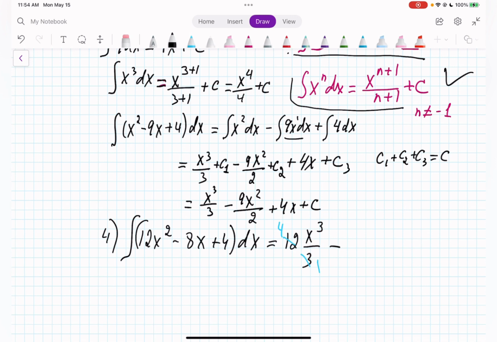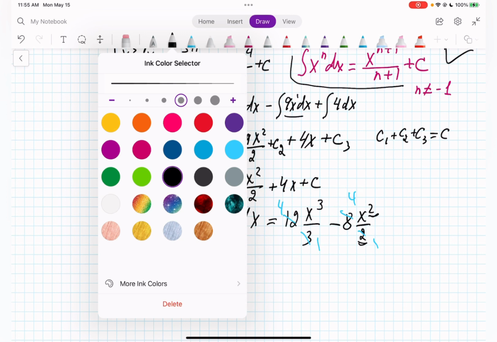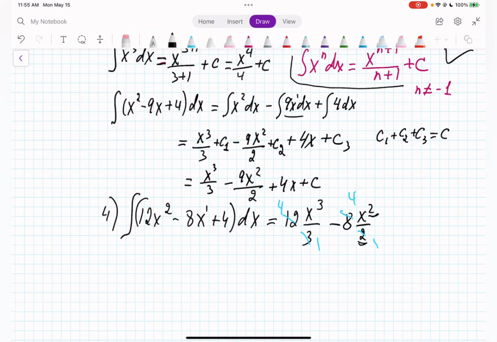Next, minus integral of 8x. 8 is going to stay. And x is going to be x squared over 2 because the degree here is 1, 1 plus 1 is 2. And whatever we got here, we put down here also. All right, so 8 and 2, this is 1, this is 4. Let me write this clean before we get confused. It's going to be 4x cubed minus 4x squared plus 4 dx.